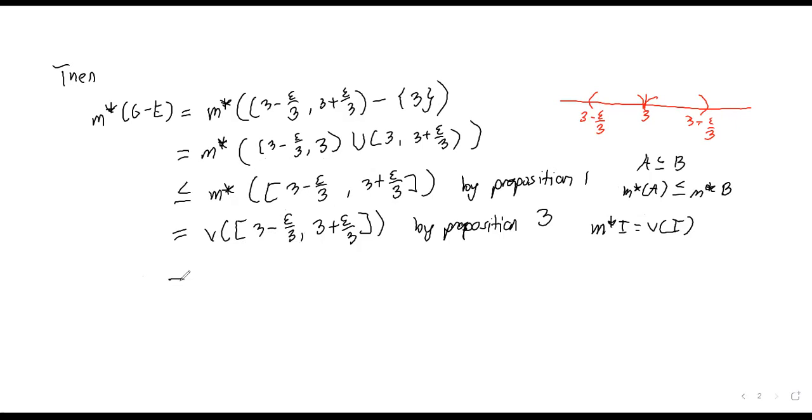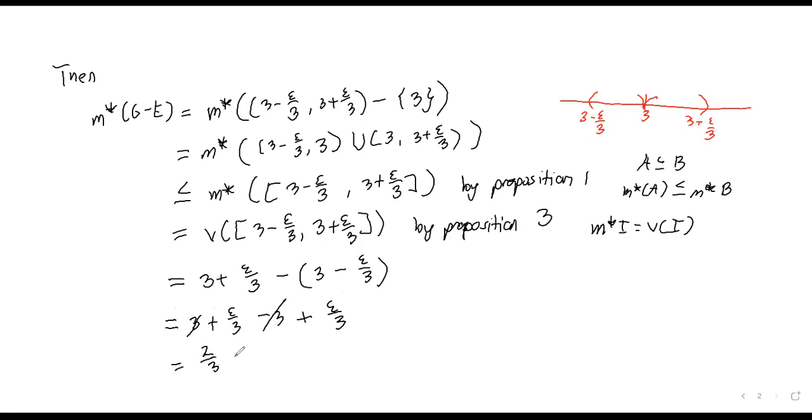And by definition of the volume of the closed interval, this is now 3 plus epsilon over 3 minus (3 minus epsilon over 3). Okay? So this is 3 plus epsilon over 3 minus 3 plus epsilon over 3. So maka-cancel yung 3. Ang matitira ay dalawang epsilon over 3 or simply 2/3 ng epsilon.